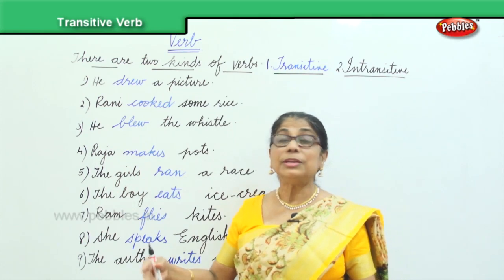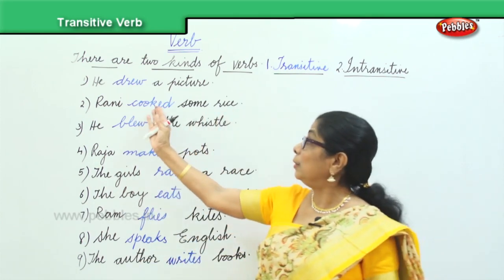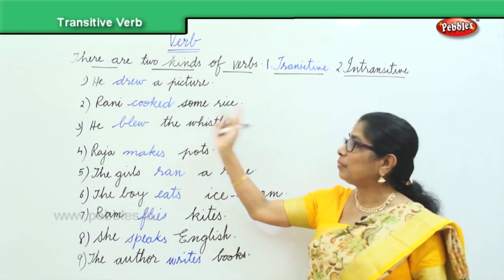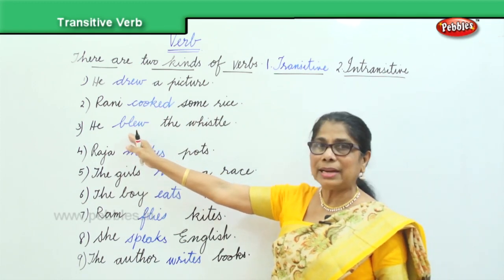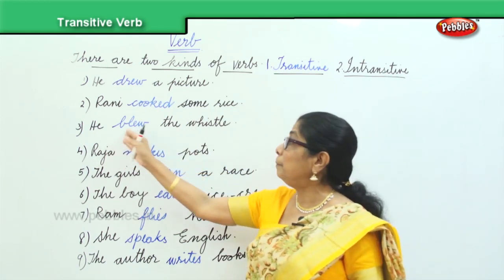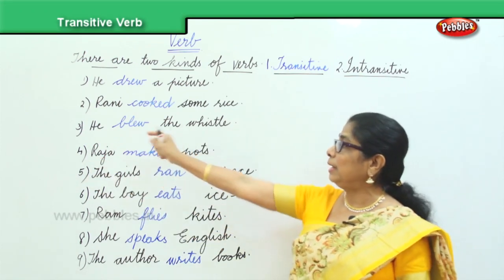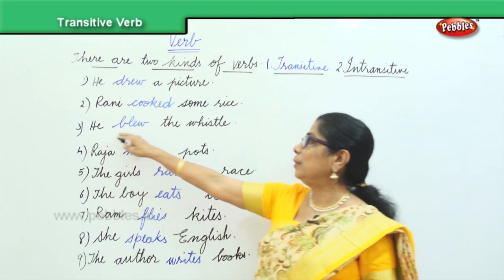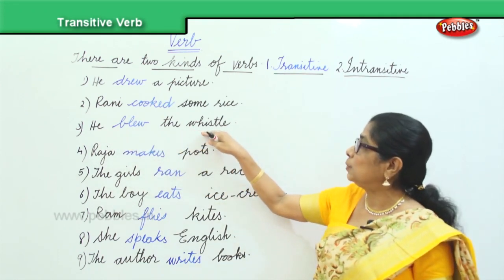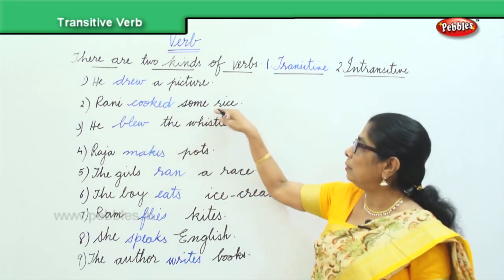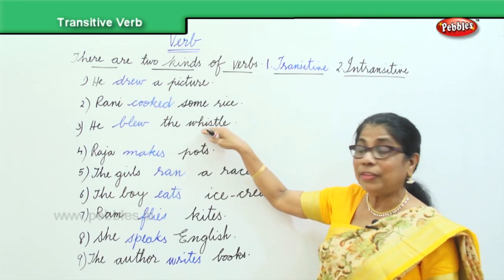Cooked what? She cooked some rice. So the object is the rice. He blew. The transitive verb blew. He blew what? He blew the whistle to complete the action. We need an object. The object is whistle. Picture, rice, whistle. They are the objects.